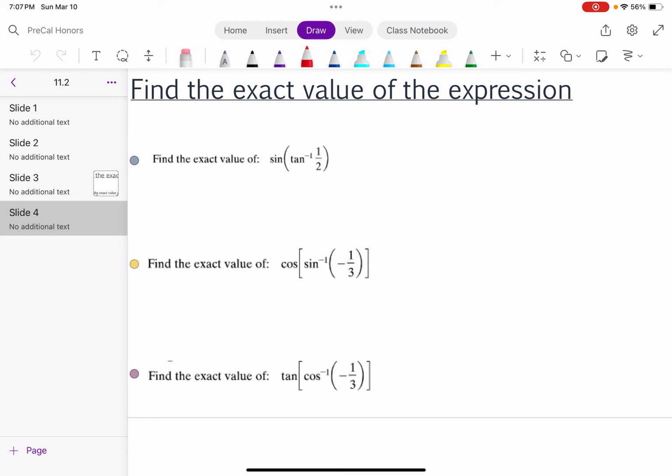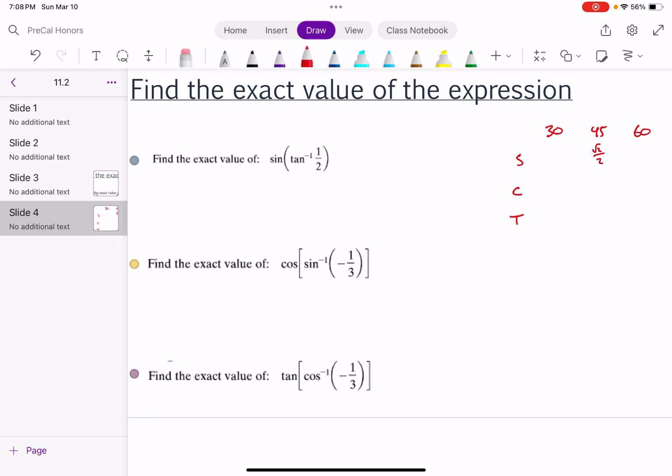Now we know that the specific values that we get from our table would not fall onto the 1/2. Let's go ahead and quickly write down our table just so that we can verify. Remember, we have 30, 45, and 60, sine, cosine, tangent.